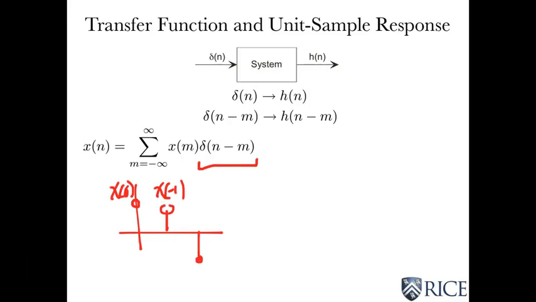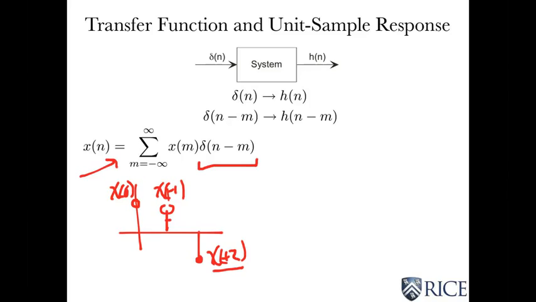Here's x of 2. It should be plus. So this is a unit sample whose amplitude is x of plus 2. X of plus 1. And I can write that concisely.